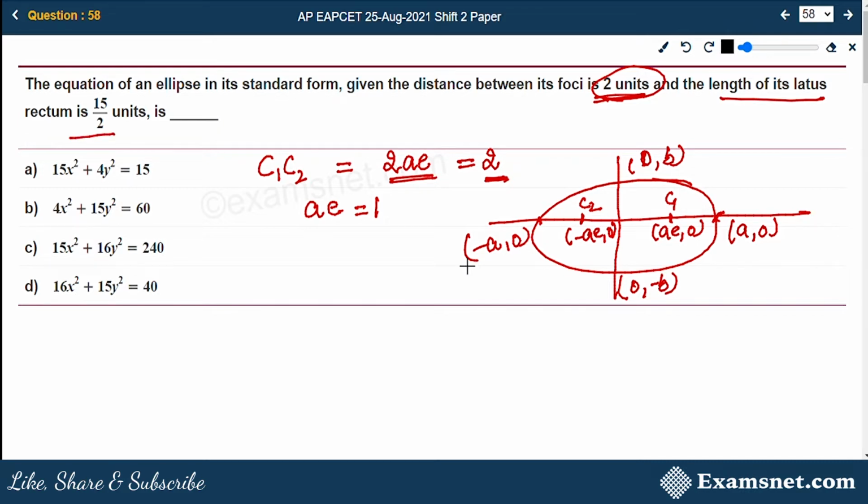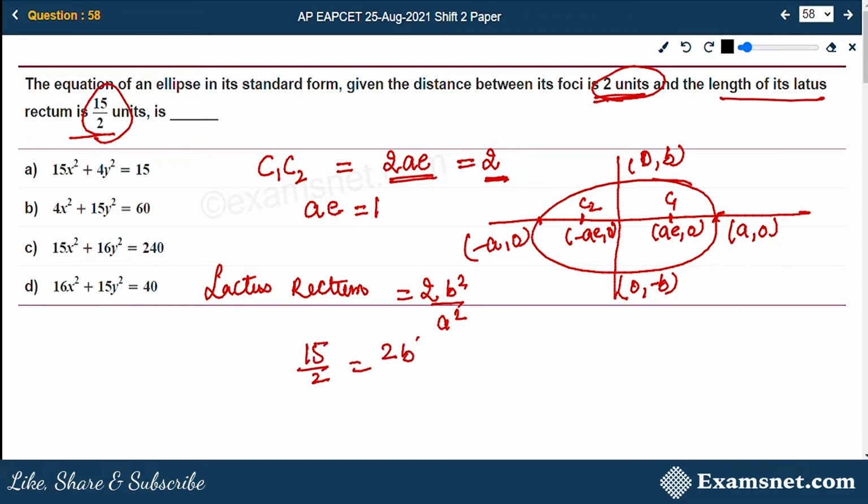What is latus rectum? Latus rectum is given by 2b square upon a, right? This is the latus rectum. You are given that it is 15 by 2.